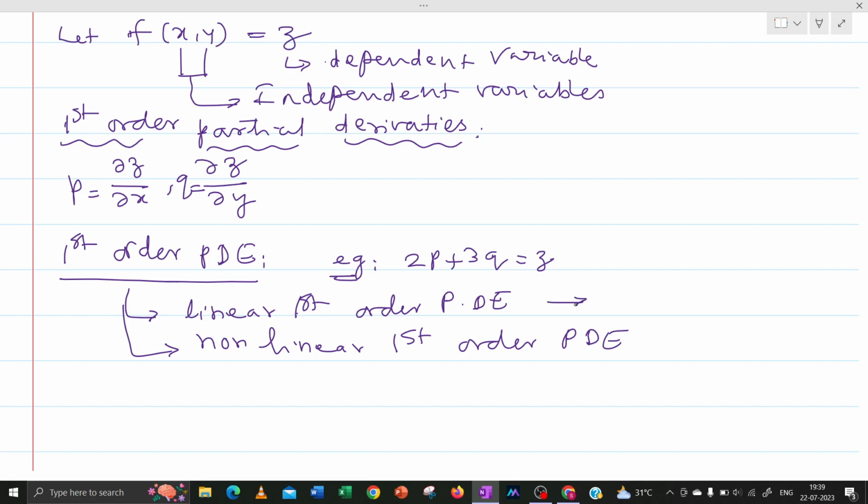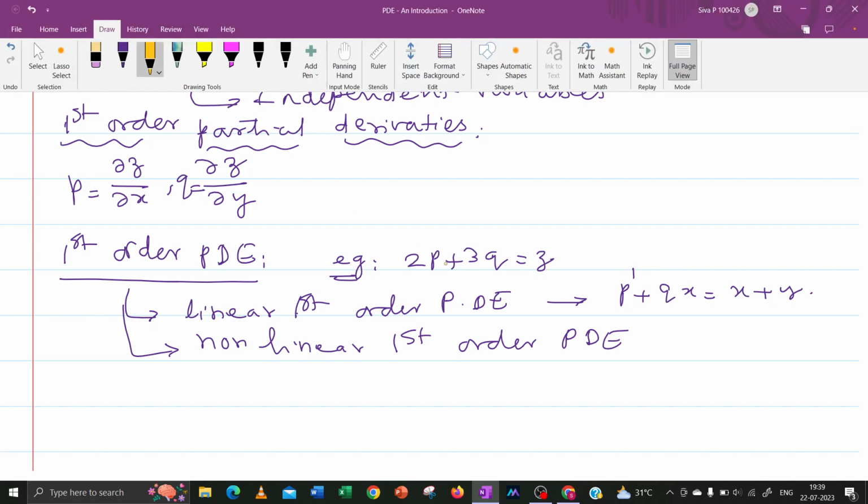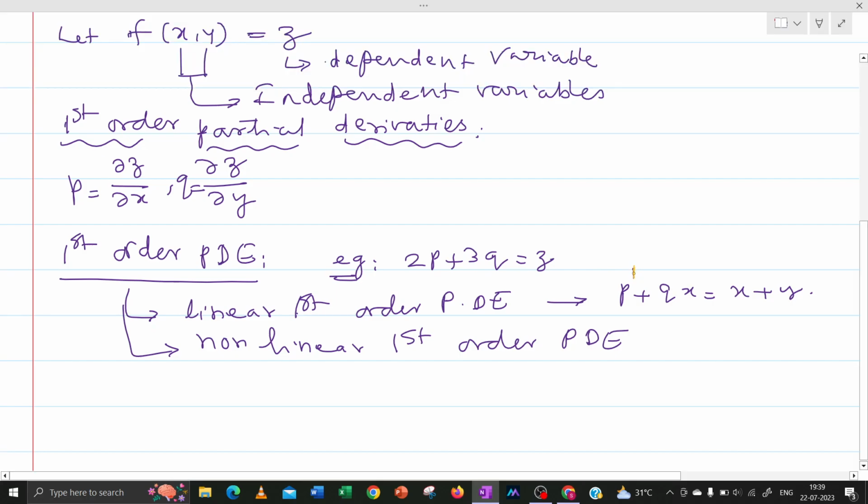For example, a linear first order partial differential equation, a very simple example: p plus qx equal to x plus y. Here the power of p is 1 and the power of q is 1. So this is of order 1 and degree also 1.